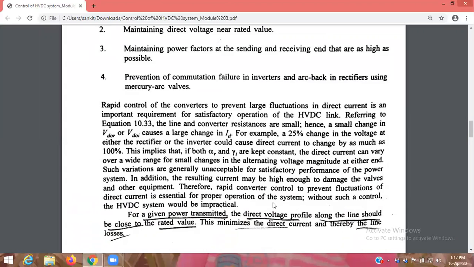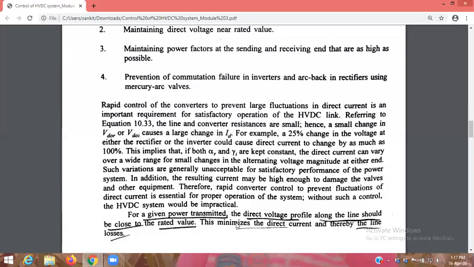Now see, for a given amount of power transmitted, we study the importance of keeping the power factor as high as possible. For a given amount of power transfer through the HVDC system, the voltage profile along the line should be close to the rated value, because, as I've said, the insulation level of the thyristor valve in the rectifier or inverter depends on the voltage.